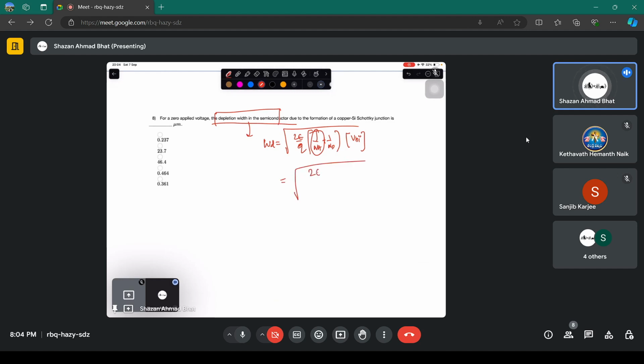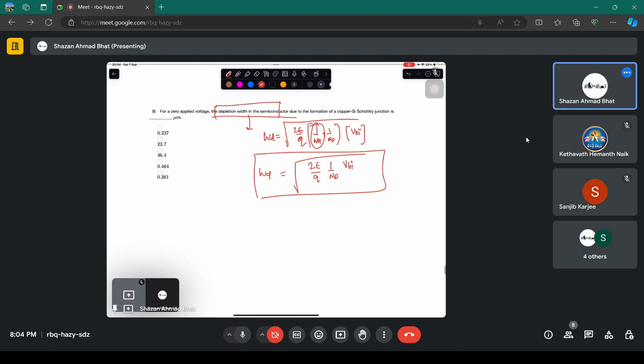We don't have Na, so you get 2 epsilon by Q, 1 by Nd, times the V built-in. This is the simple formula for this metal semiconductor junction. Exactly the same. You know the built-in voltage, you know the ND, you're going to compute the depletion width in micrometers.